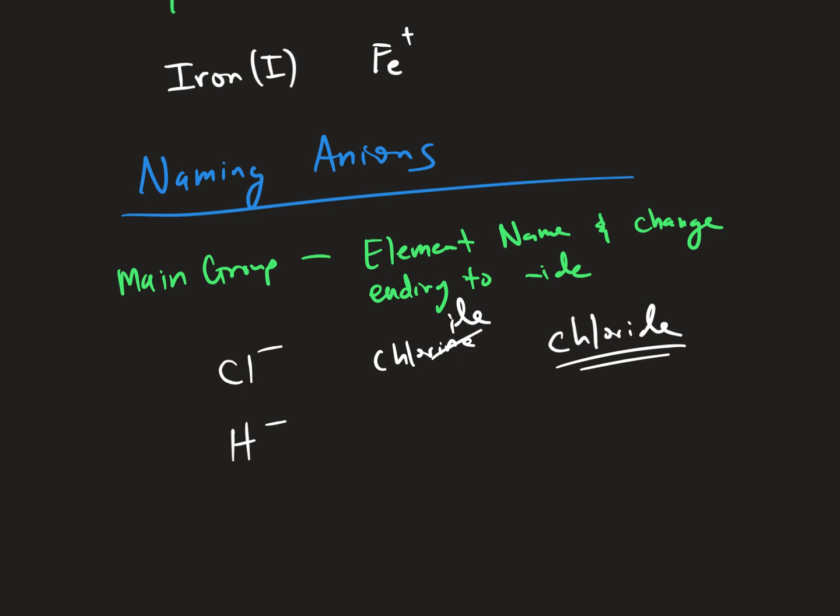Yeah, that's hydrogide. We keep it simple, with a lower number of syllables: hydride. So hydrogen, change the ending to IDE, hydride. Try to keep the syllables down so it's not too clunky. Good?